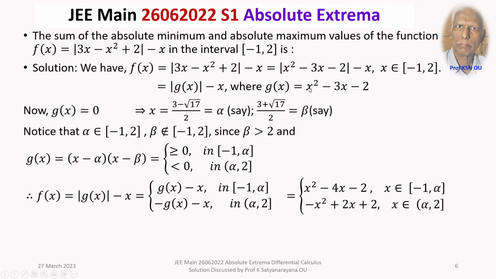With g of x as x square minus 3x minus 2, x square minus 3x minus 2 minus x is x square minus 4x minus 2, where x belongs to the closed interval minus 1 to alpha. Minus g of x minus x will be minus x square plus 2x plus 2, where x belongs to the interval alpha to 2, closed at 2 and open at alpha. So that is the function we have.